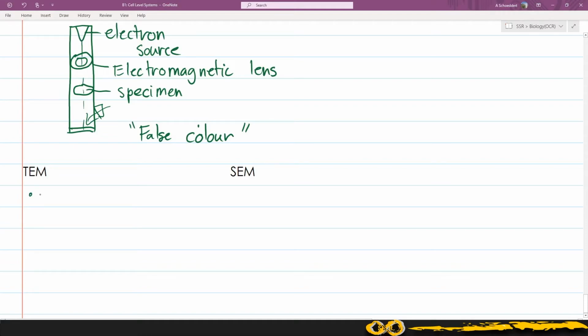The first one is the transmitting electron microscope. And the second one is the scanning electron microscope. These are often referred to by their acronyms, so TEM and SEM. In the transmitting electron microscope, you get a much higher resolution even than the SEM, and certainly much higher than light microscope.